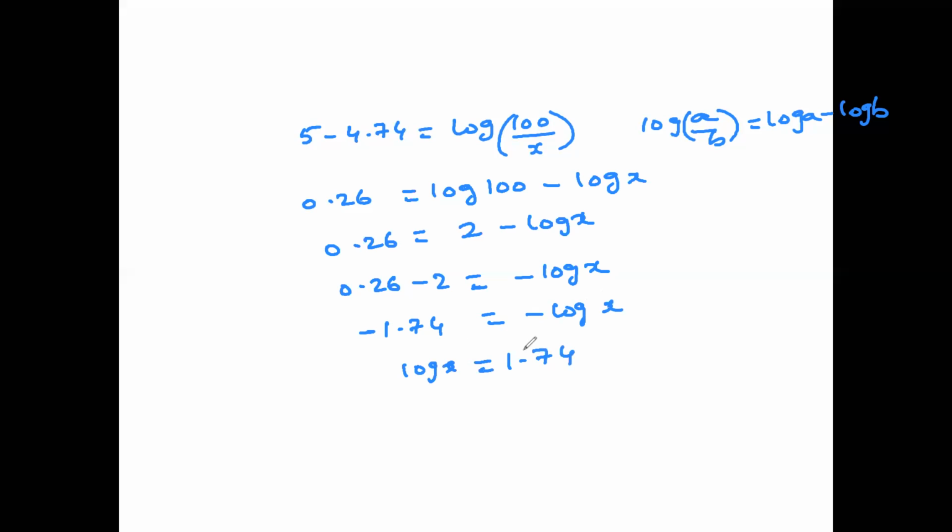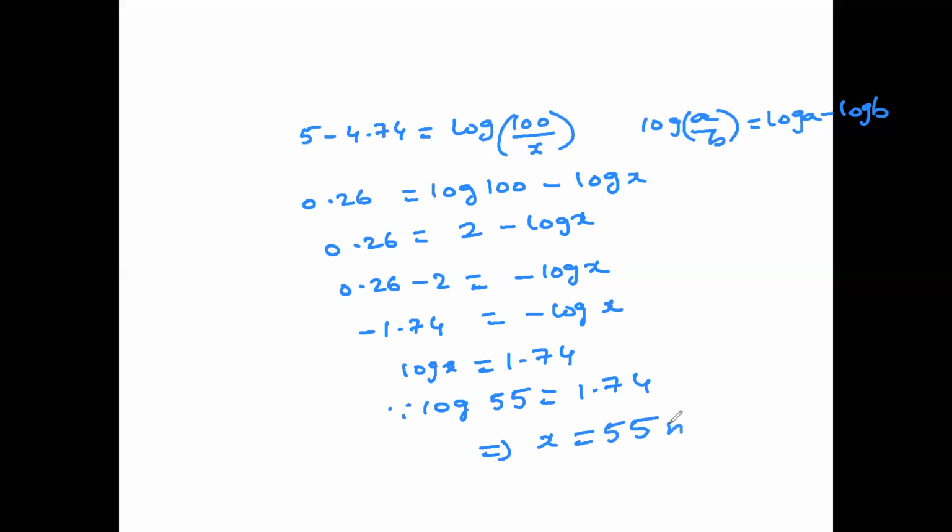So log of which value becomes 1.74? That we have to check. Log 55 value is equal to 1.74, which implies x is equal to 55 ml.